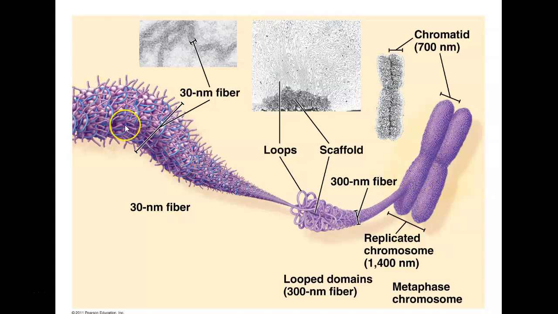And essentially, that's what this looks like. It's a bunch of them wrapped all together. And then we start looping them all kinds of crazy together. And that's how we get a chromosome. So a chromosome really is a super, super compact DNA wrapped around tons and tons of histones to kind of make sure that it's all connected together.